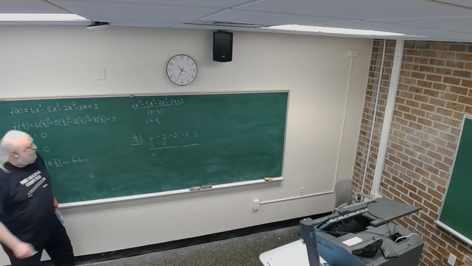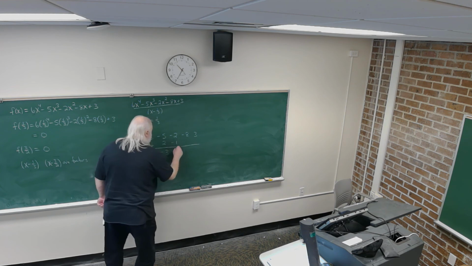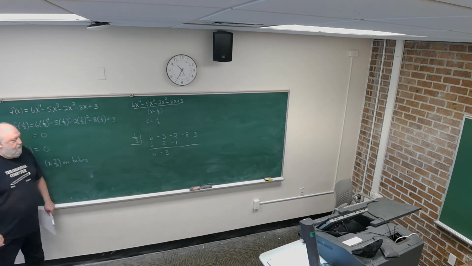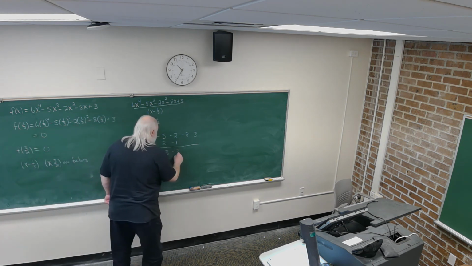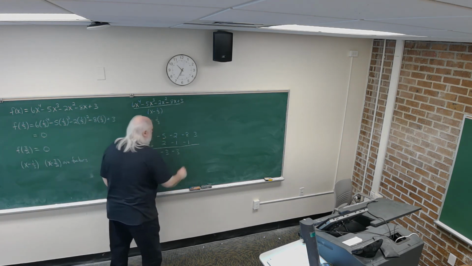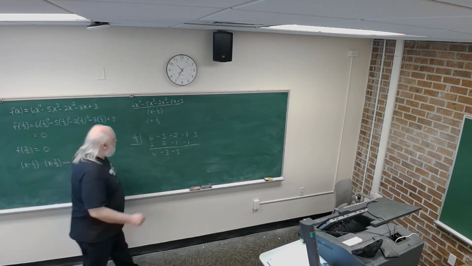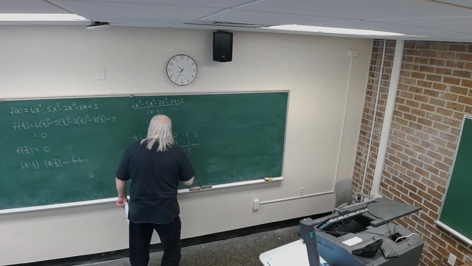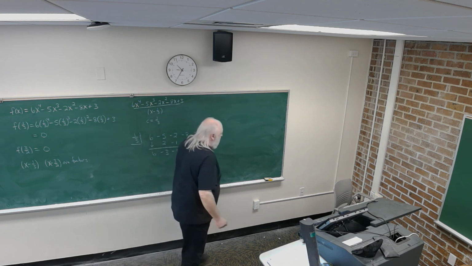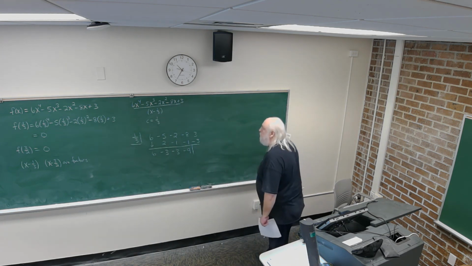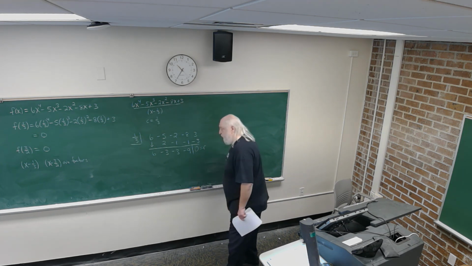Minus 5 plus 2 is minus 3. Minus 3 times 1/3 is minus 1. Minus 2 plus minus 1 is minus 3. Minus 3 times 1/3 is minus 1. Minus 8 minus 1 is minus 9. And 1/3 of minus 9 is minus 3. And 3 minus 3 is 0, which is the remainder, which is what you better get.